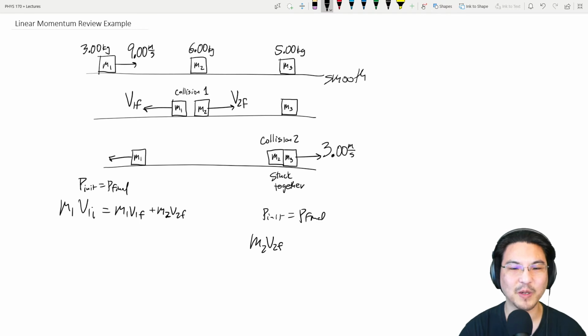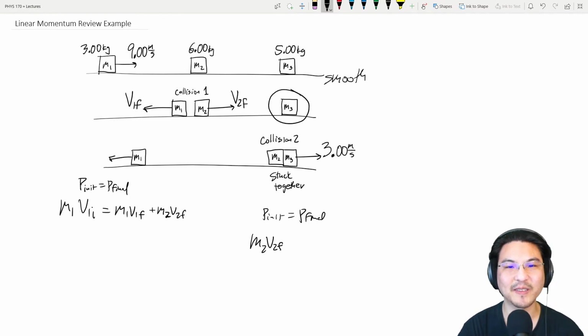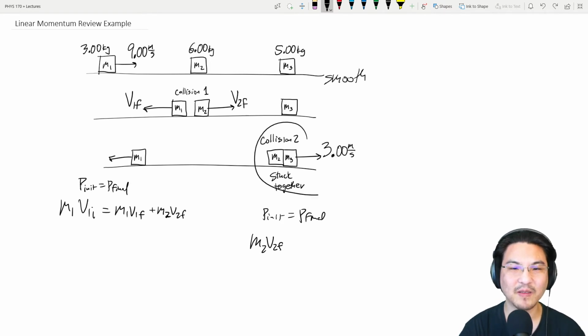It's weird that this is initial, but it's just whatever value this was that goes here. So block 2 has momentum before the collision. Block 3's momentum is 0 because it's at rest. And then after the collision, the mass M2 plus M3, because they're stuck together, and I'll just call it V final, which is 3.